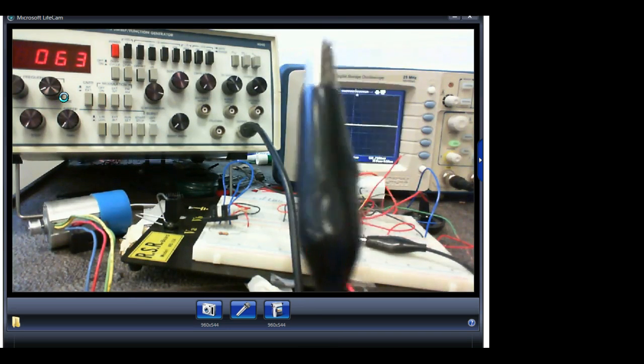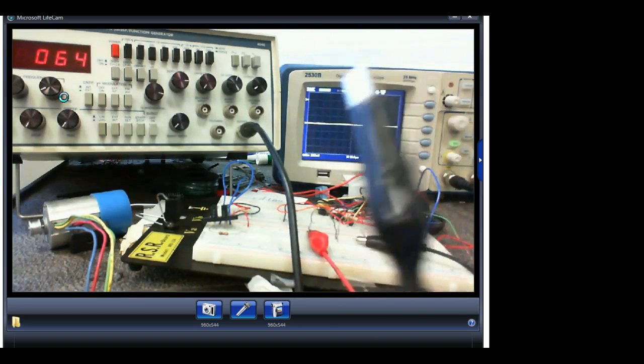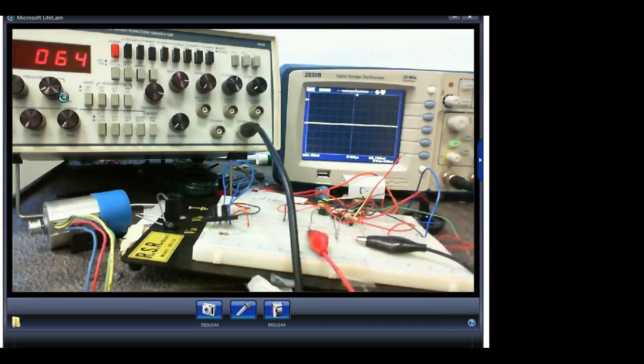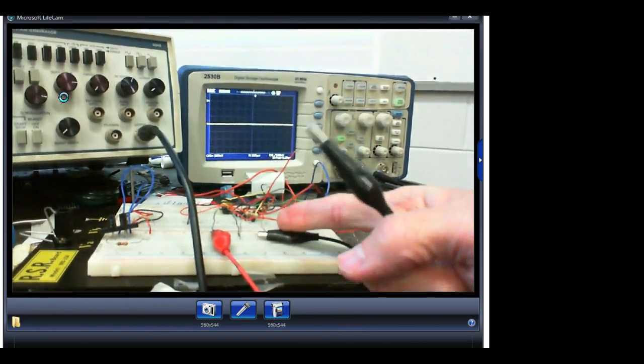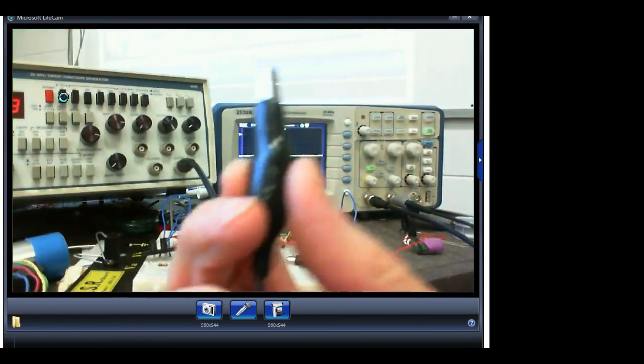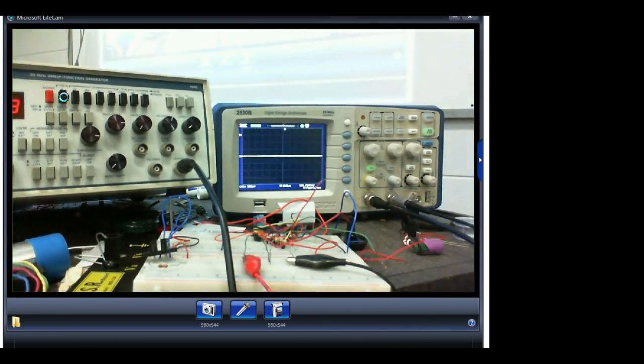So on an oscilloscope, you cannot probe the black lead anywhere you want to. As soon as I put this black lead from my function generator right here, which is ground, this is grounded, that means I have no option but to put this black lead on that ground. And then all your measurements would be relative to that ground.